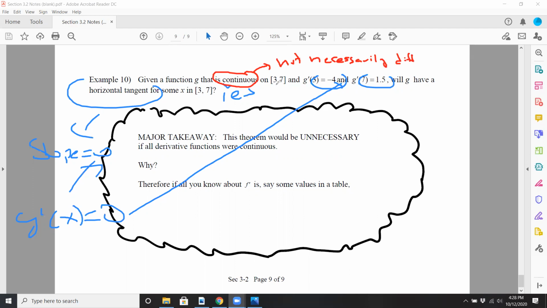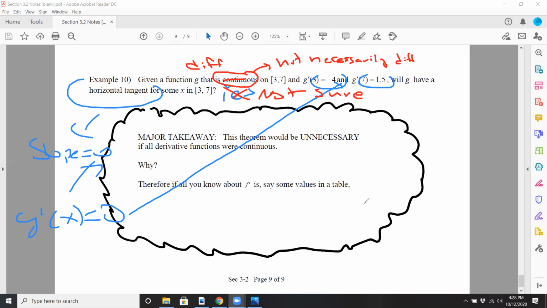Now, if you had g of 3 and g of 7 without the derivatives, then sure, you could say there's some x value where g of x equals 0. But because we're talking about derivatives, you need differentiability. So actually, I kind of screwed up there. The answer is actually: will g have one? We're not sure. So I did catch myself there.